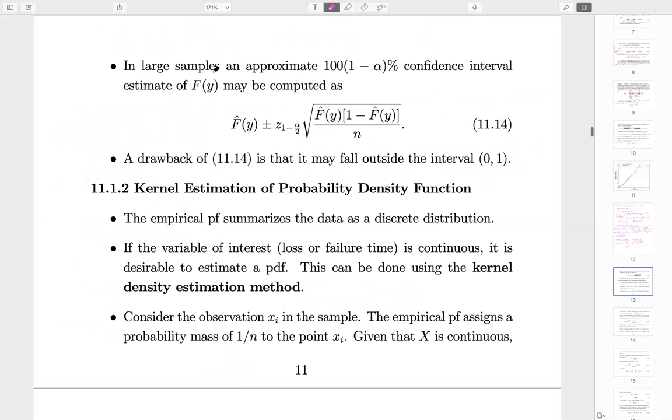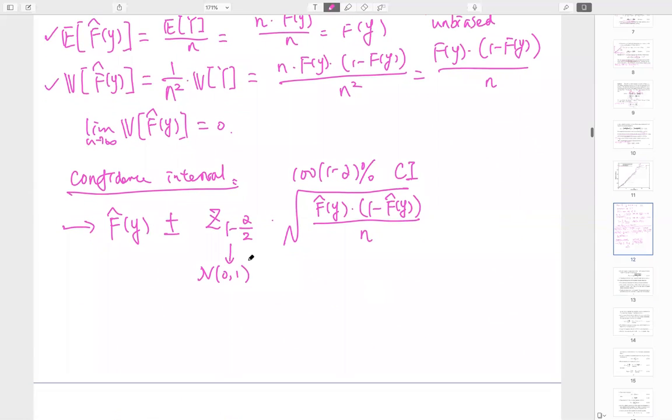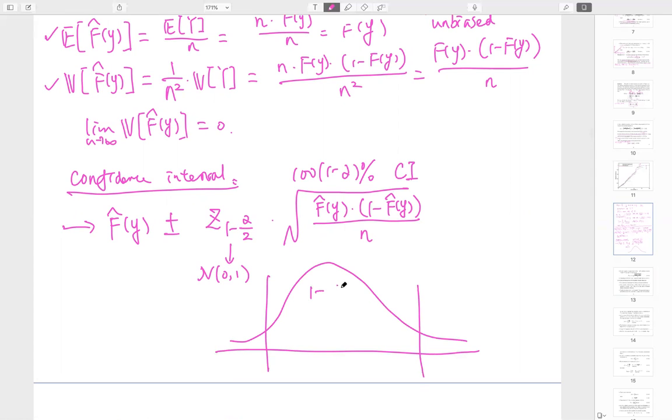So basically, I just proved, not exactly proved, but gave you the idea why this is the case. By the way, when we do a CI, we want the middle part to be 1 minus alpha, which means I have half alpha down here and half alpha up here.